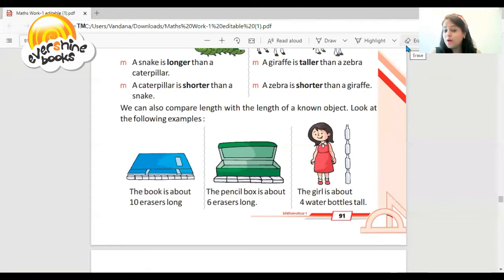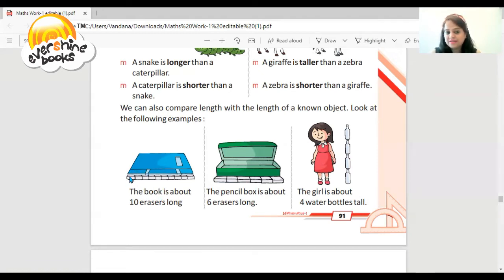We can also compare lengths with the length of a known object. Look at the following examples. First is your book, second is your pencil box, and third one is your girl. The book is about 10 erasers long. We will put 10 erasers here.